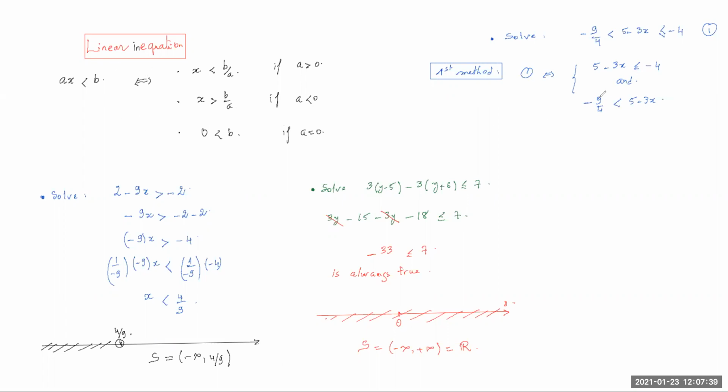Then, because we are working with and, we need to take the common values, so you need to take the intersection of the two sets. The second method is just starting directly and seeing what we can do.